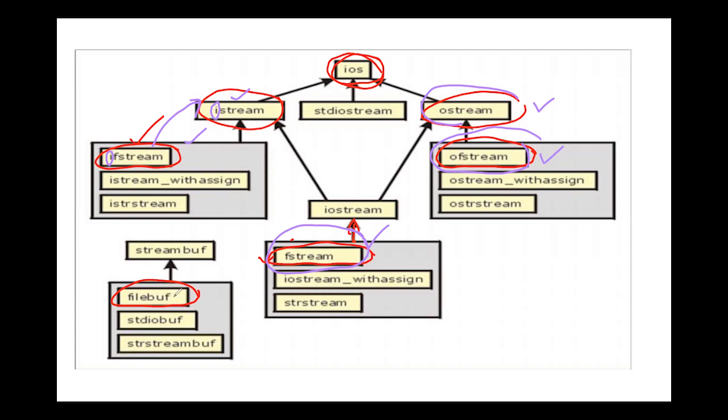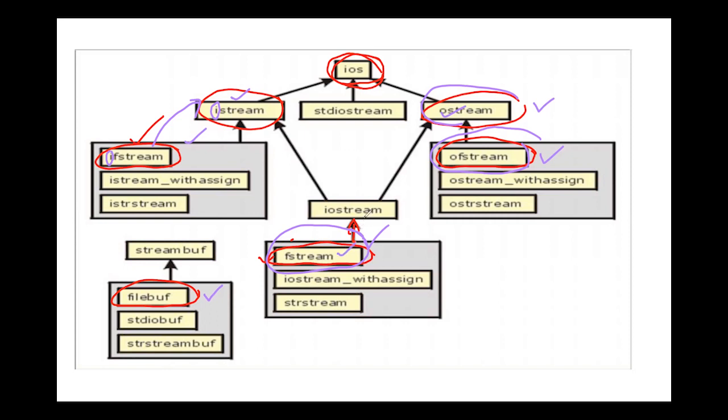And when I say filebuf, this is what we will be using to buffer the file data when we are reading or writing onto the file or out of the file, right? So the class fstream is derived from both istream as well as ostream.